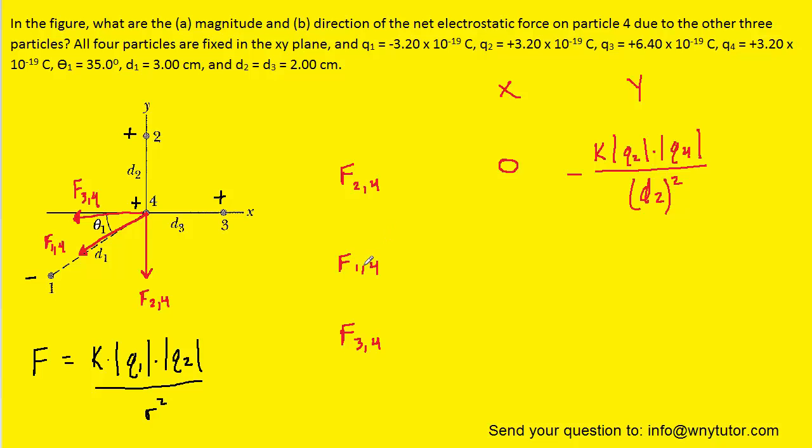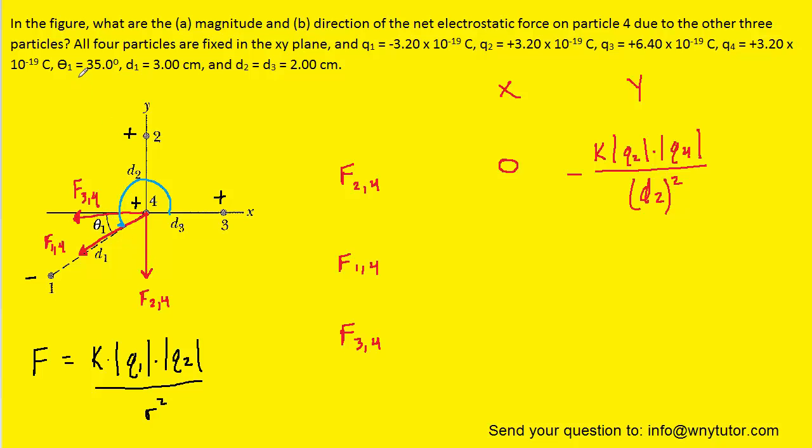Moving on to F14, we're once again going to use Coulomb's law, but we have to break this into both an x and a y component. And to do that, we would have to figure out the angle that that force is pointing at. Now, traditionally, angles are measured from the positive x-axis. So if we look carefully, what we want is this angle right here.